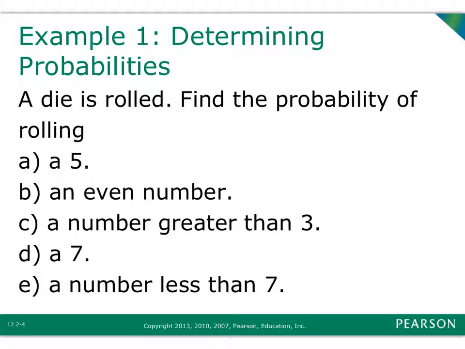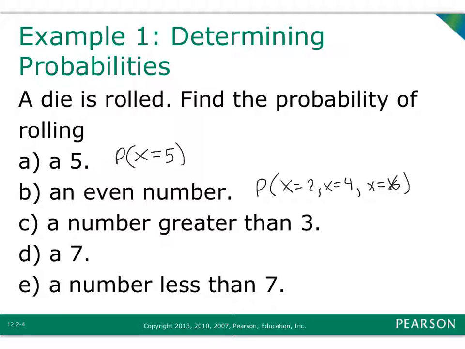In the first example, we have the probability that x is equal to 5. For an even number, we have the probability that x equals 2, x equals 4, or x equals 6.